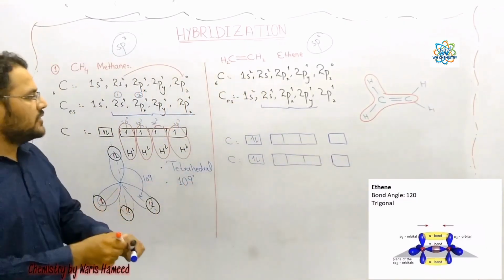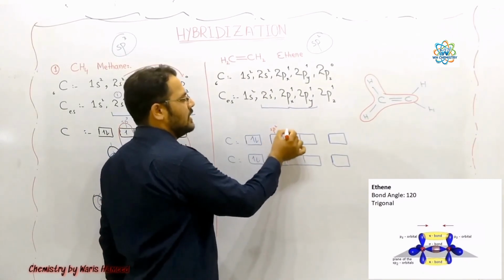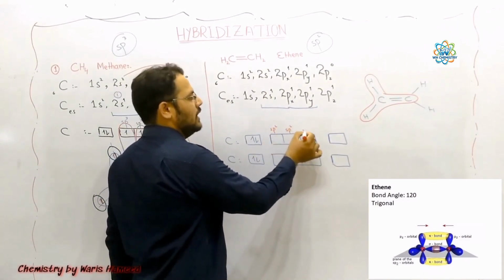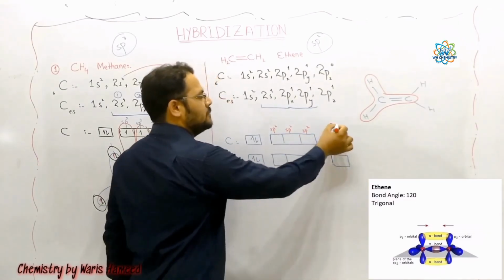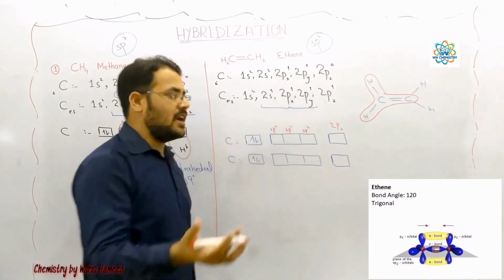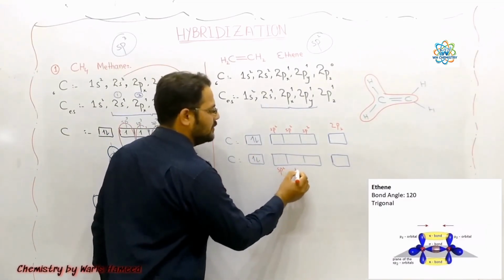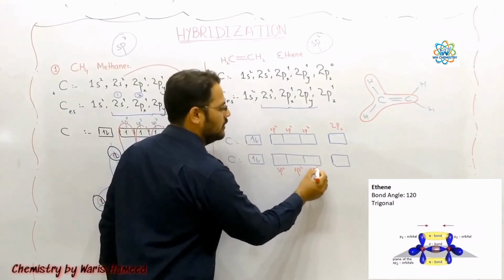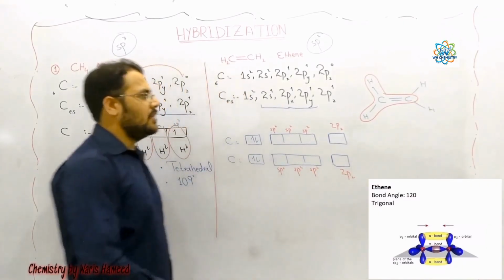Now writing their names: it is an sp2 hybrid orbital, also an sp2 hybrid orbital, sp2 hybrid orbital, and it will be the 2pz unhybrid orbital. The second carbon also has sp2, sp2, sp2 hybrid orbitals, and a 2pz unhybrid orbital.